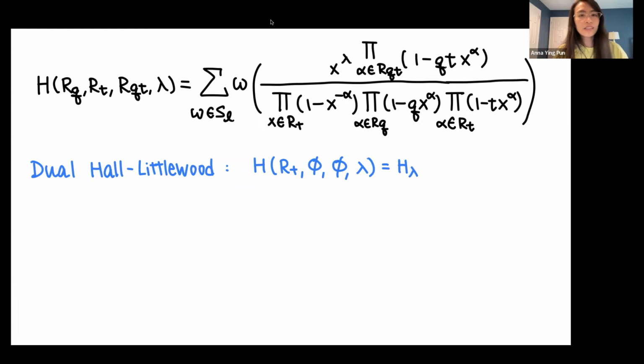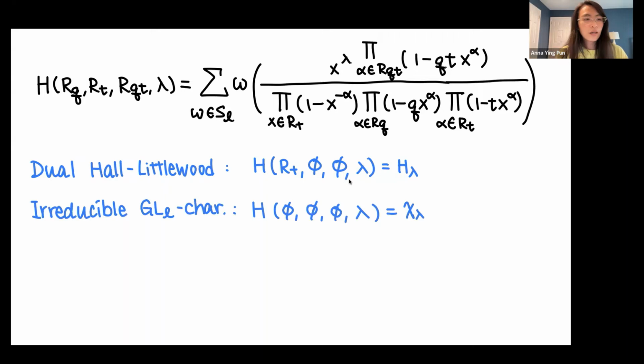If you pick the full reset for the Q, and then I just don't pick anything for the RT and RQT, this gives you the dual Hall-Wood polynomial, okay? And if you want to look at the irreducible GL characters, you just pick empty set for everything.